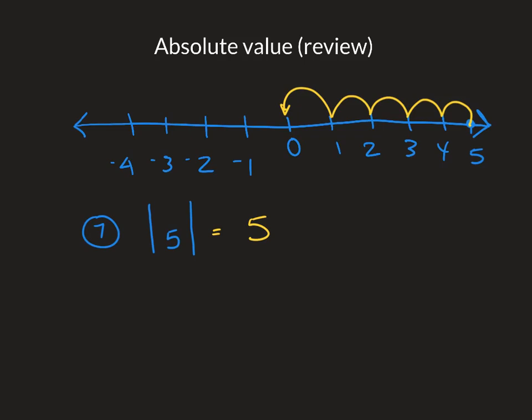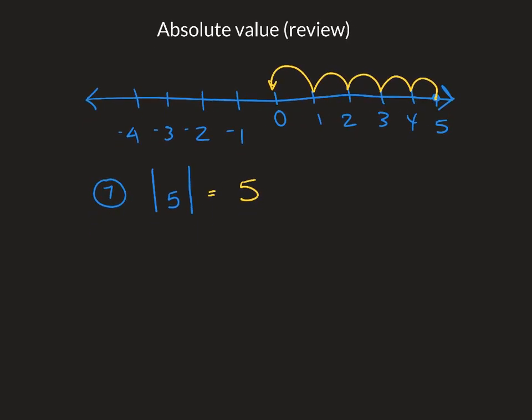Now, this brings us to a very interesting point, and that is that absolute value is always positive, period. Unless something else is happening there. It's always positive. Yes. Go for it. Good question.